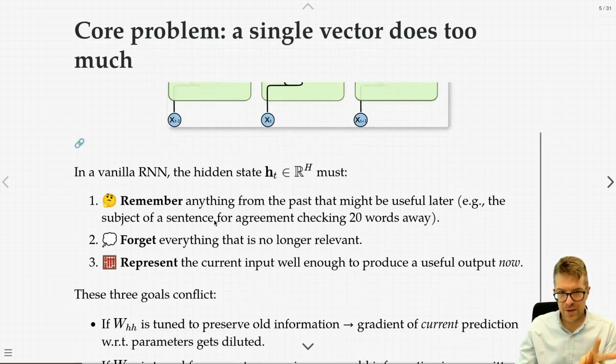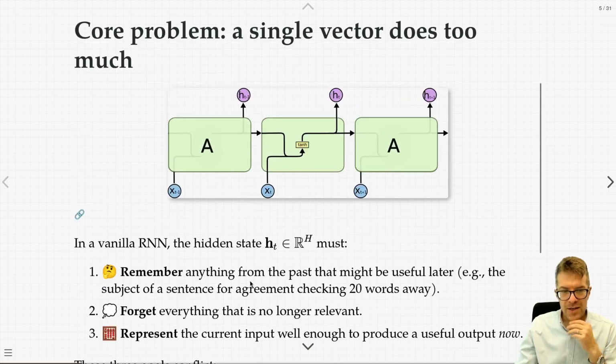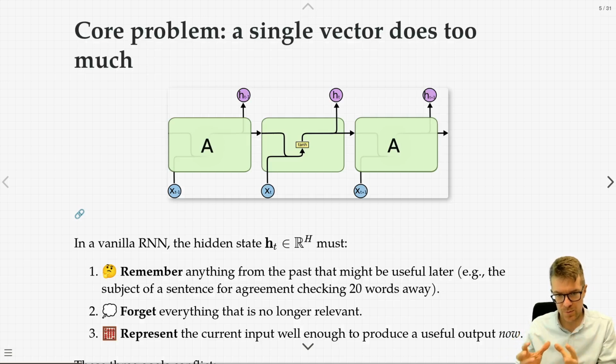The third point for this vanilla RNN is that it also has to represent the current input well enough, because it has to make a decision now, for example, or incorporate information from the current x sub t into its internal representation for further processing later. We saw a couple of RNN architectures previously.